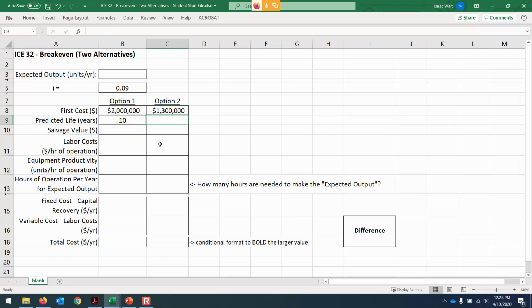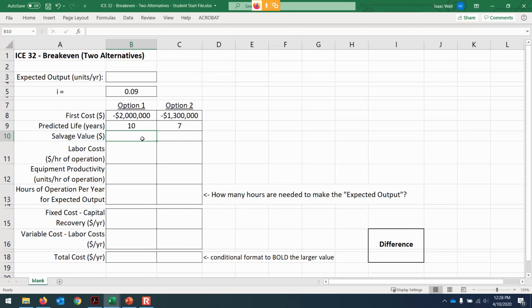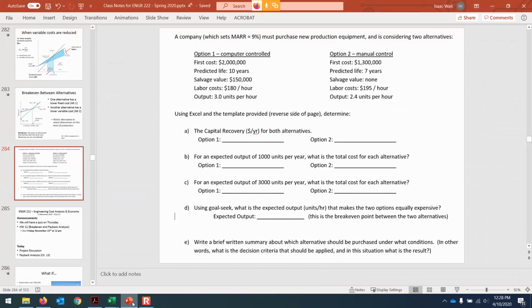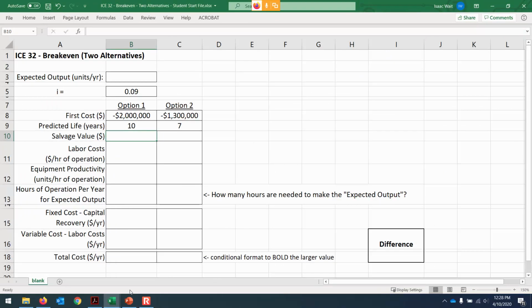The manually controlled lasts for 7. Alright, the salvage value, 150,000 versus no salvage value. And then to calculate the capital recovery, we're going to do the payment function.